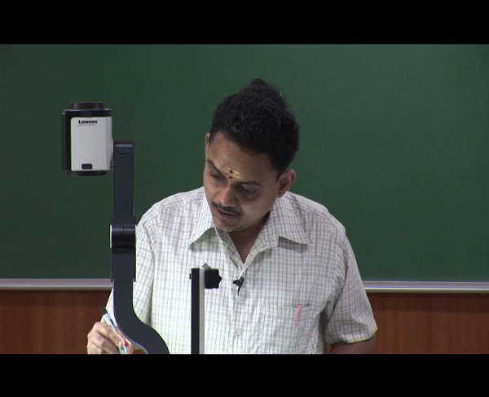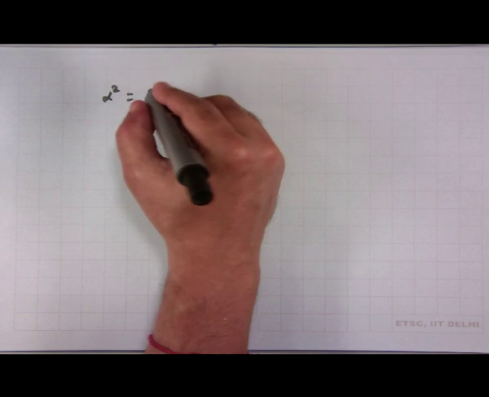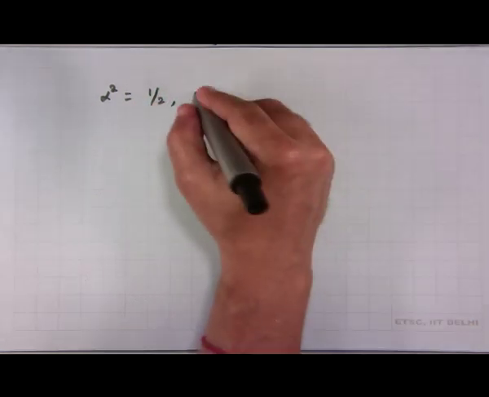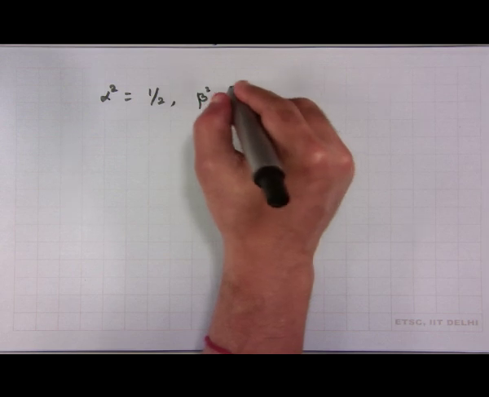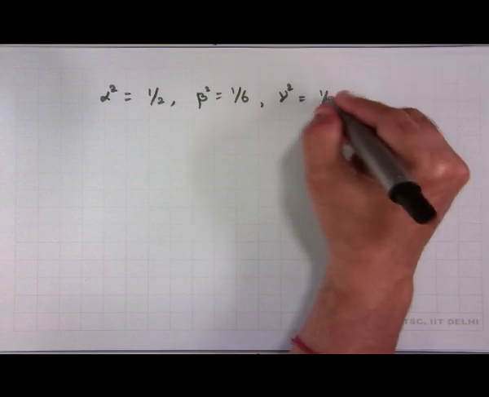Now, let us write down the solution. So, the solution in this case is alpha square is 1 by 2, beta square is 1 by 6, and gamma square is 1 by 3.